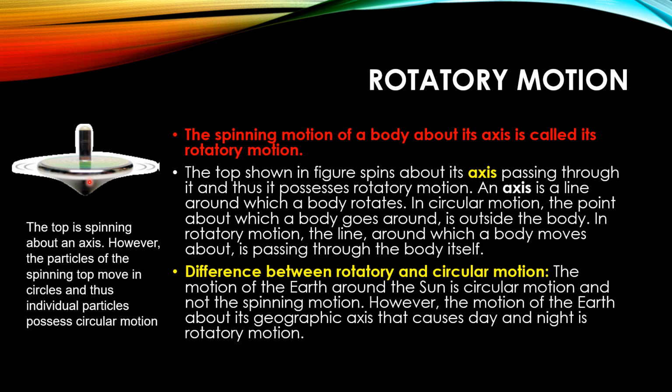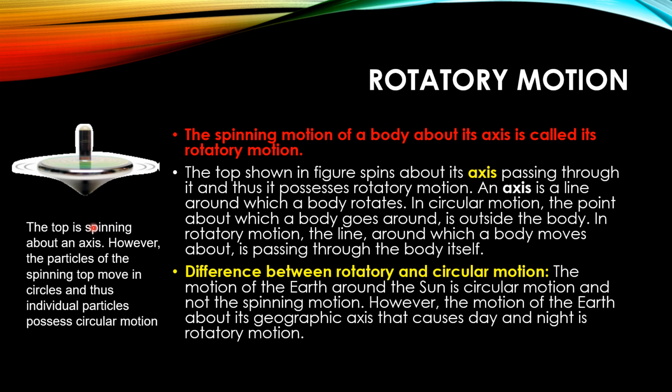In circular motion, the point about which a body goes around is outside the body. In rotatory motion, the line around which a body moves passes through the body itself. As you can see in the motion of a top, the axis is lying inside the body itself.